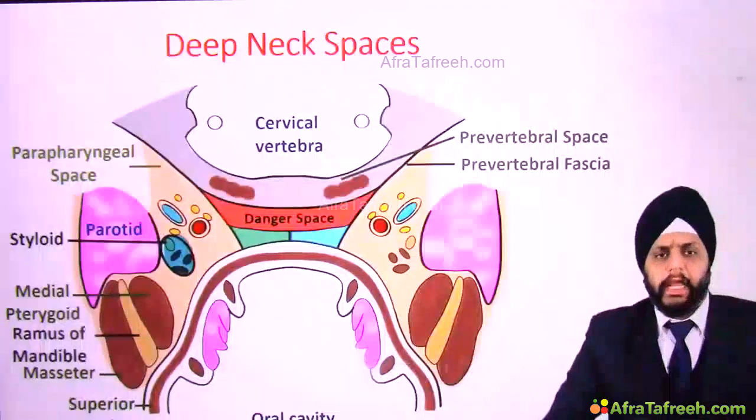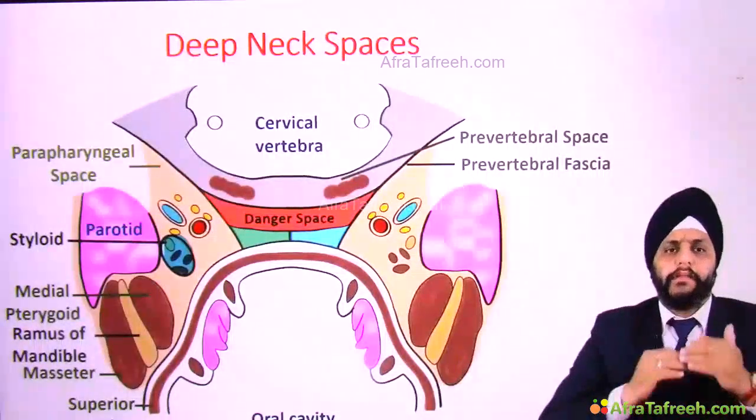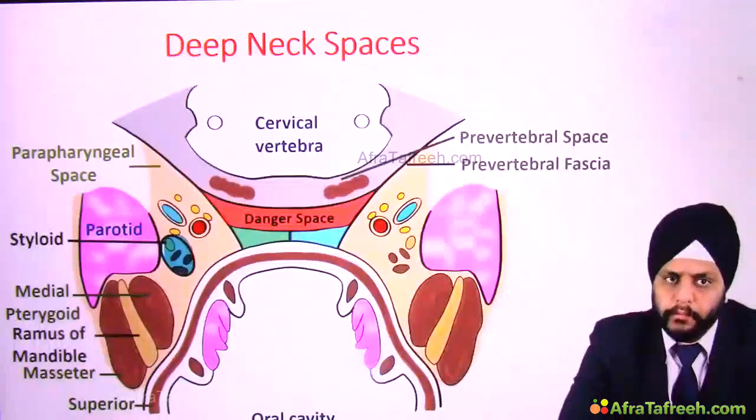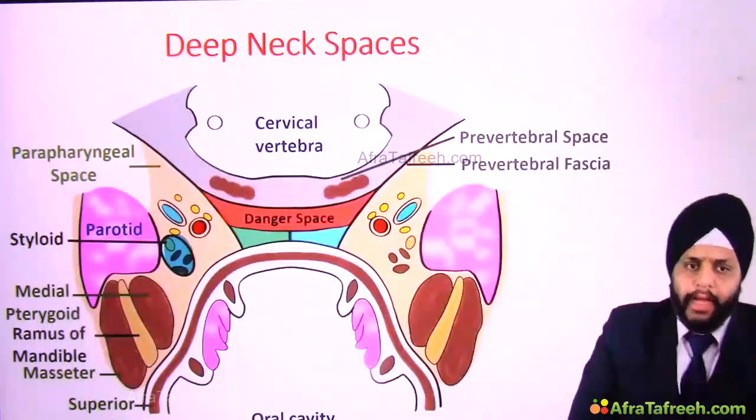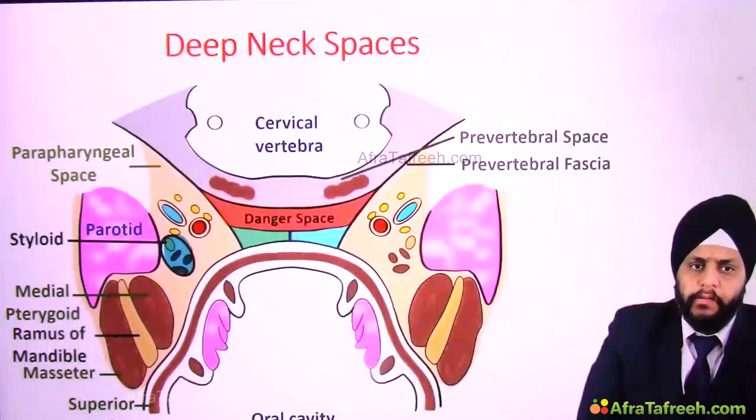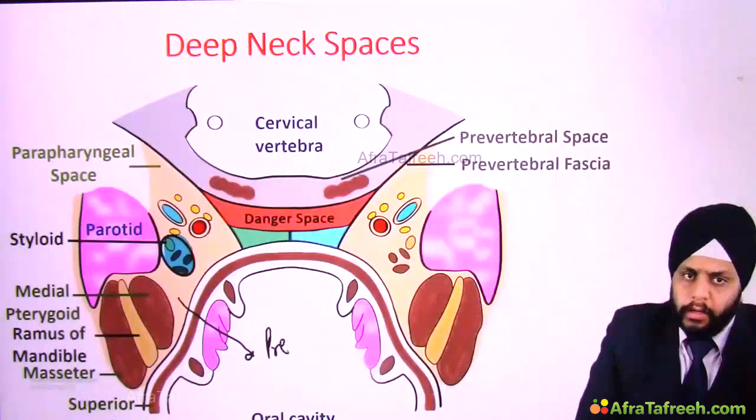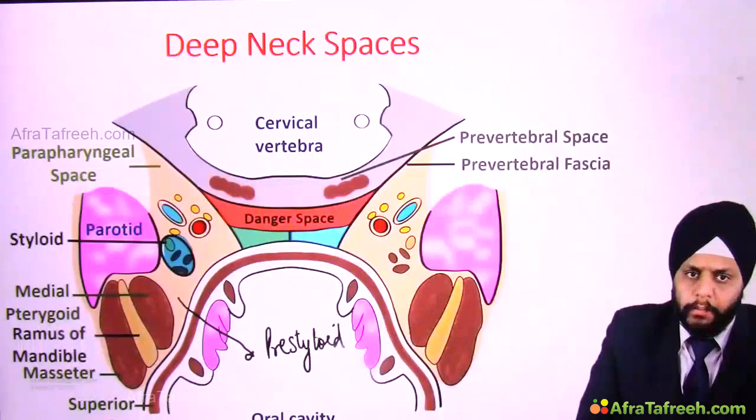Now, this styloid apparatus divides the parapharyngeal space into two parts. The anterior part is known as the pre-styloid compartment, so that is your anterior compartment.